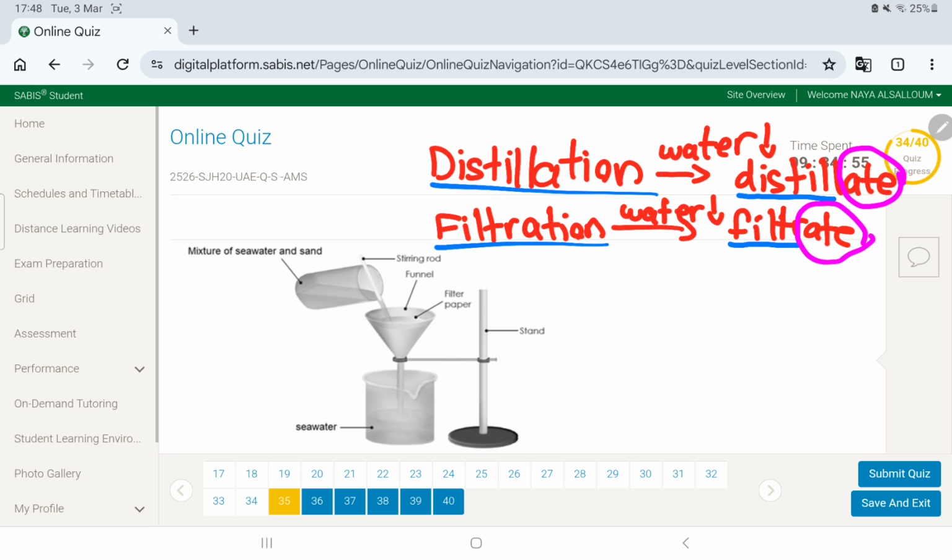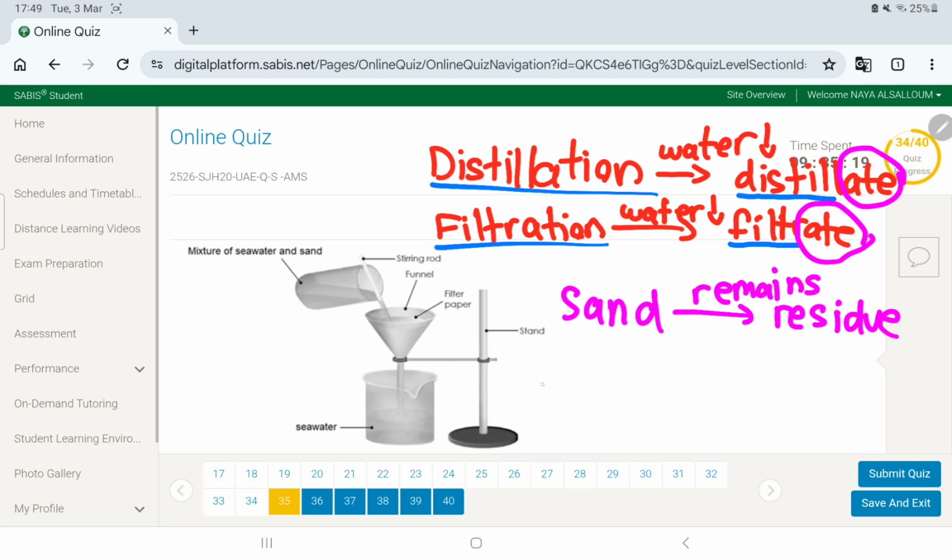Okay? And the sand, actually no, it's fine. You don't need to know the second part. It's fine. The sand that remains, I'm going to write remains, is the residue. Also, the substance that doesn't boil from fractional distillation is also called the residue, right?